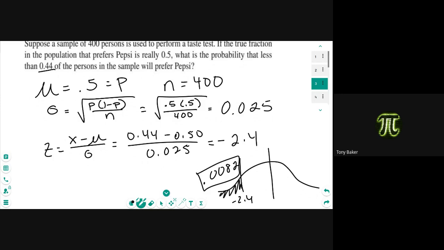If we change that to a percent, so we can understand how it works a little bit better, we're looking at 0.8%. So is that likely to happen? No. But what if it did? What if I asked 400 people and only 44% of them like Pepsi?